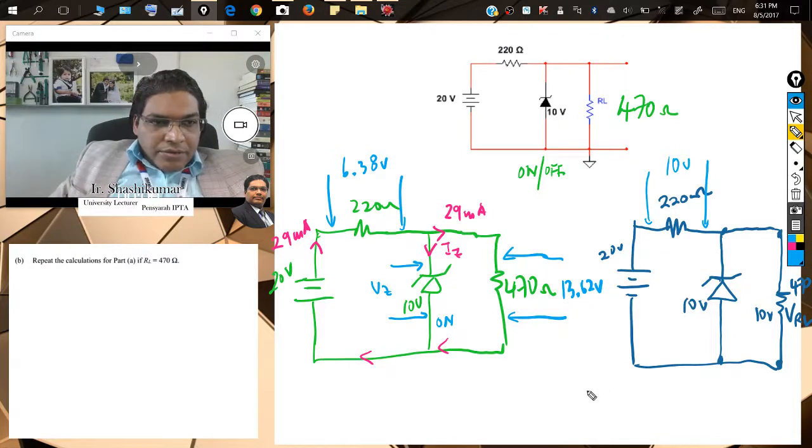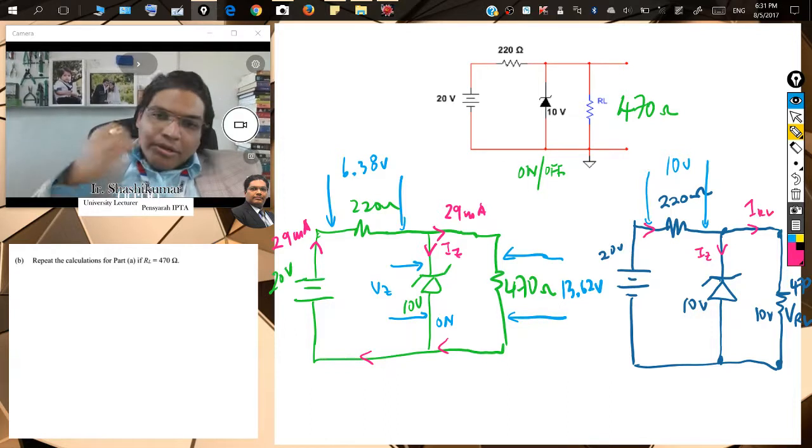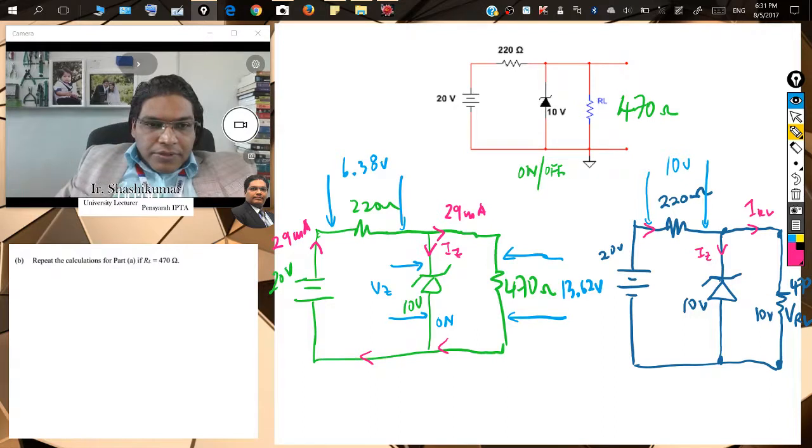So in that case, what will be the current here? The current here is actually your total current. It's going to pass through here, and then it's going to break into two portions, here and here, of IZ and IRL. Both of those two currents added will be the current I total here.